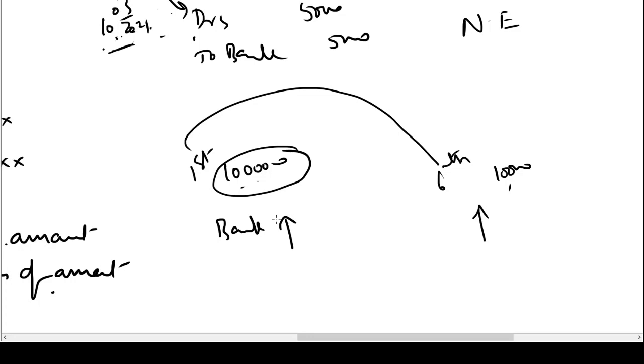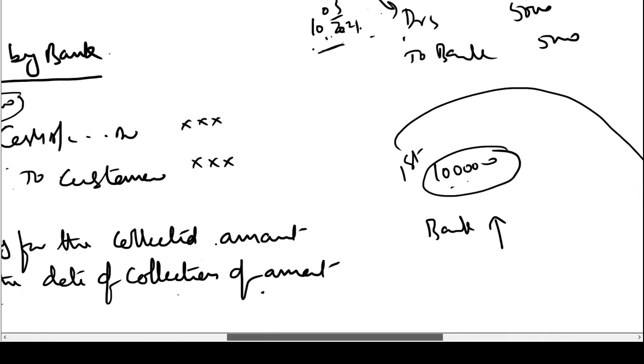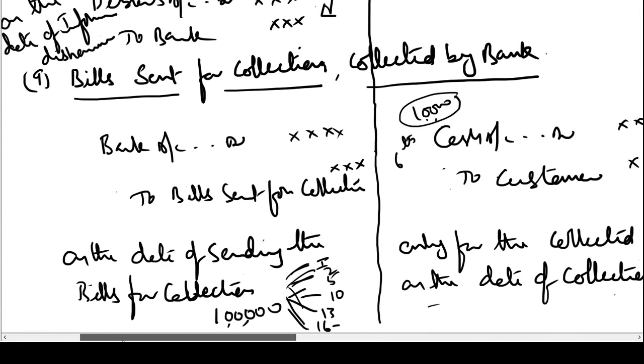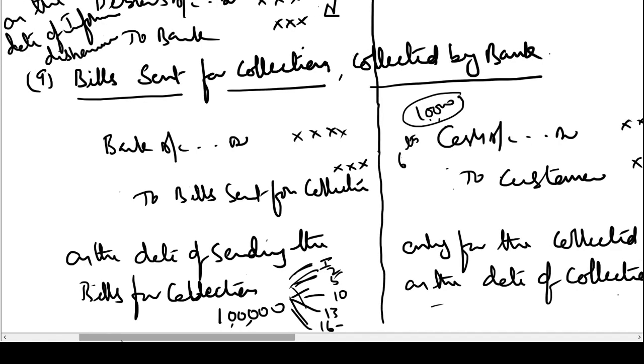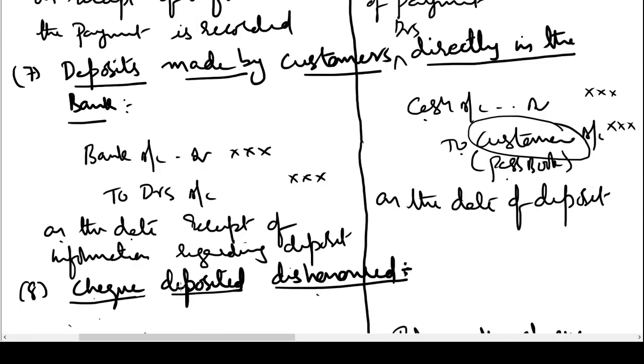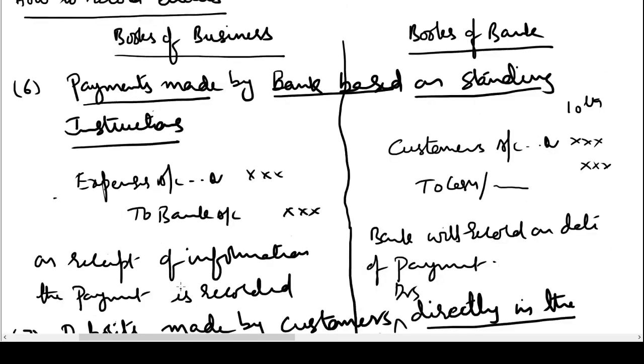Okay, so in this video we learned few more different types of transactions that take place between the business and the bank, and we saw when the entries are recorded by the parties in their books of accounts.